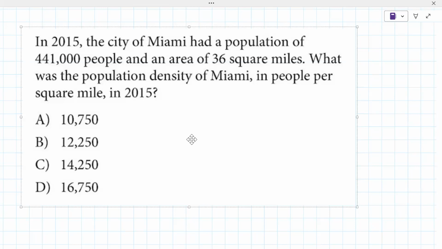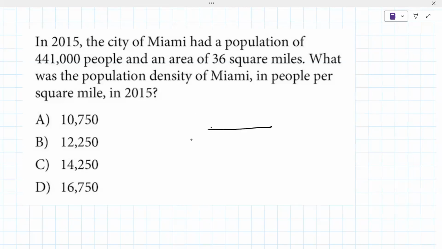You're supposed to divide. So at least do that. 12,250 is B. Right.